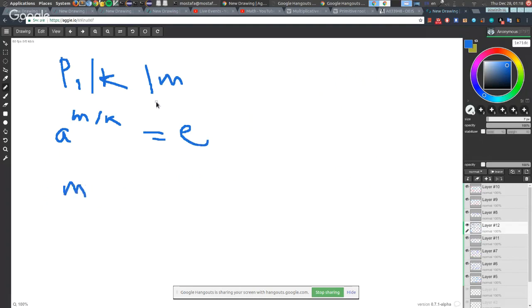So we can substitute this: k would be q times p, and m over k is equal to s.